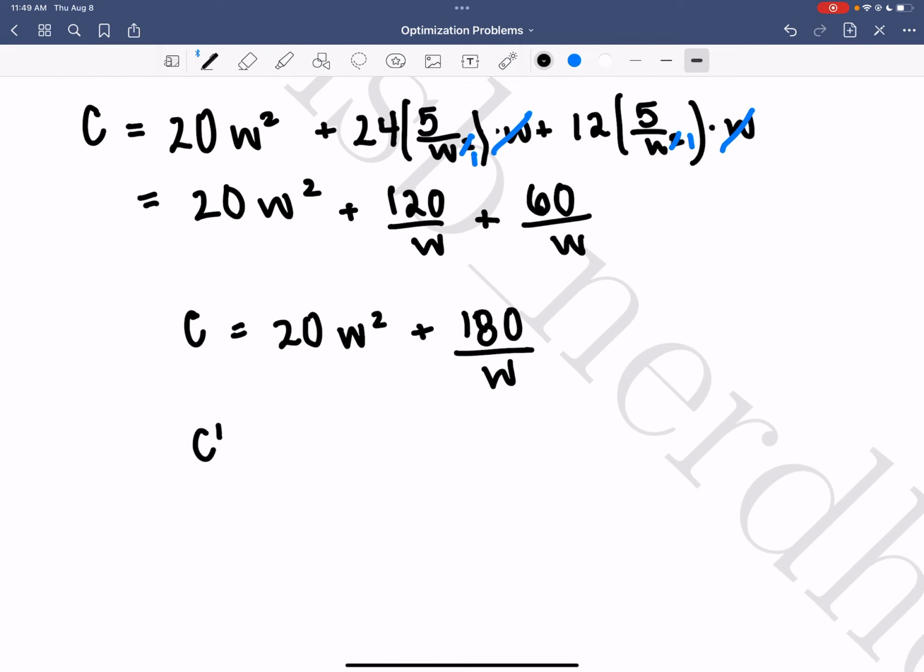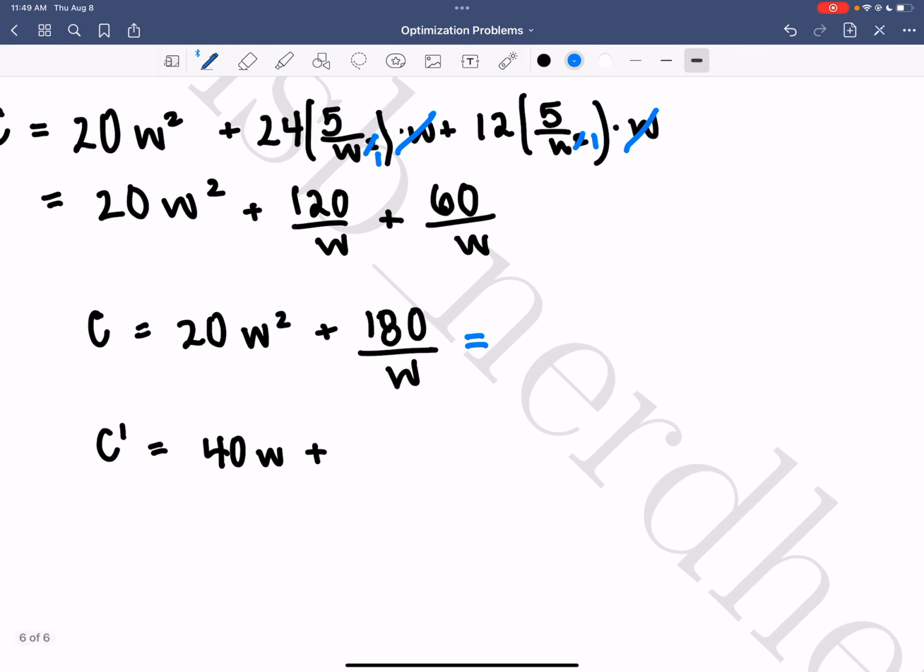So we get cost is equal to 40W plus, and let me actually rewrite this problem using our exponent rules, plus 120W. So for this, I just used my exponent rules.